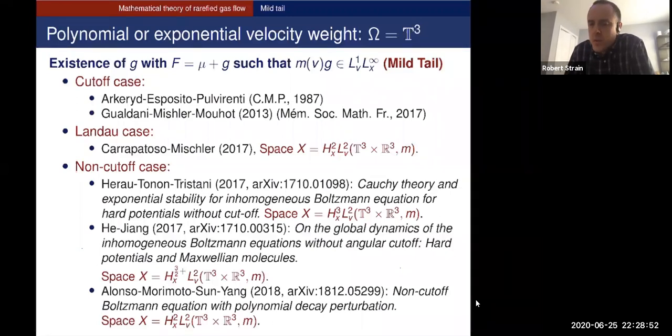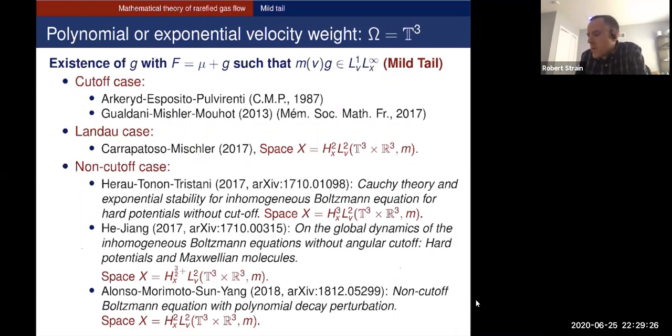So you start with solutions to the Boltzmann equation in the space where you have exponential velocity decay and the linear operator is self-adjoint, and then you do an iteration and you can enlarge the space and get solutions with a mild tail.